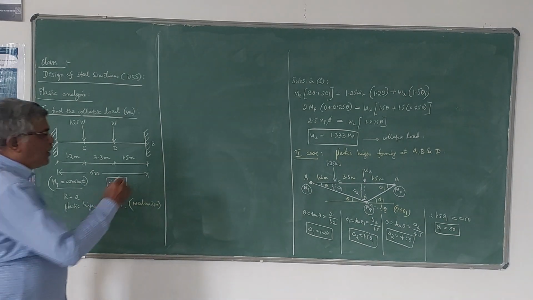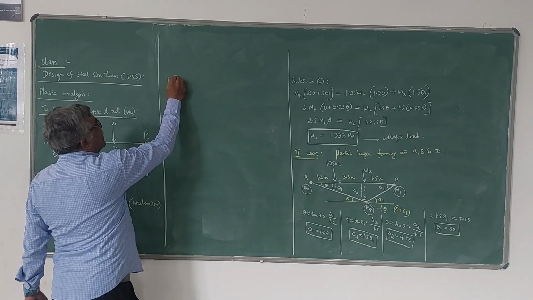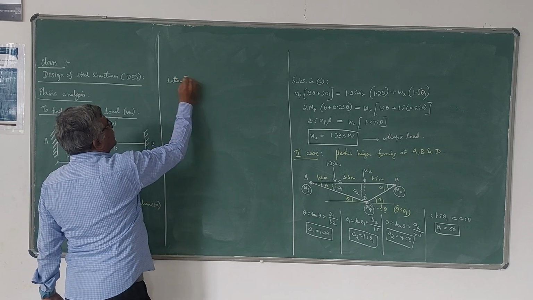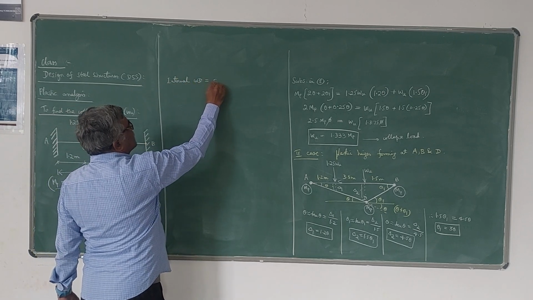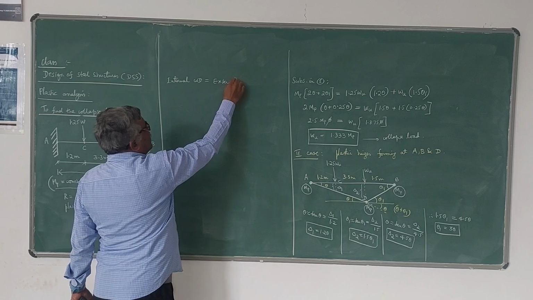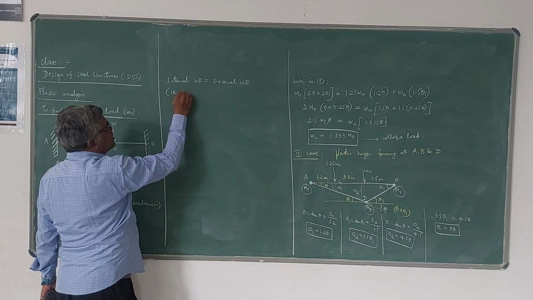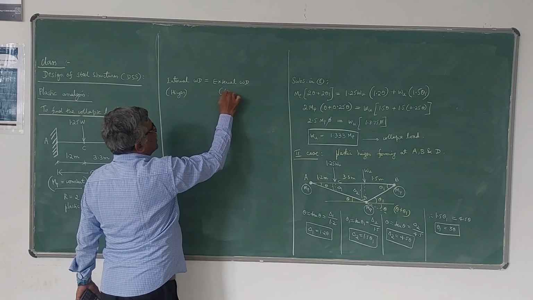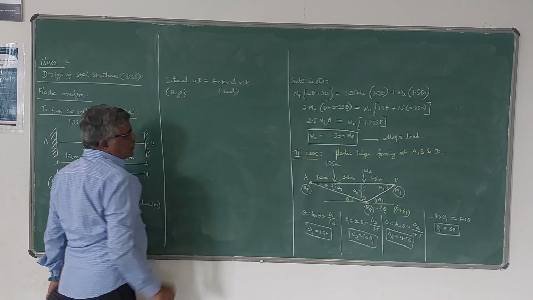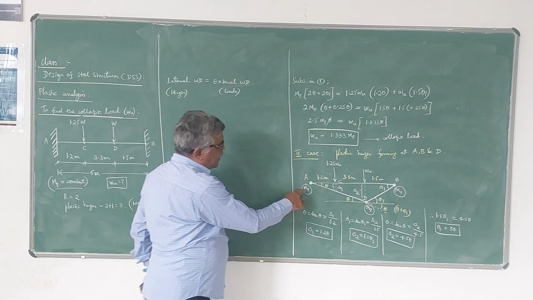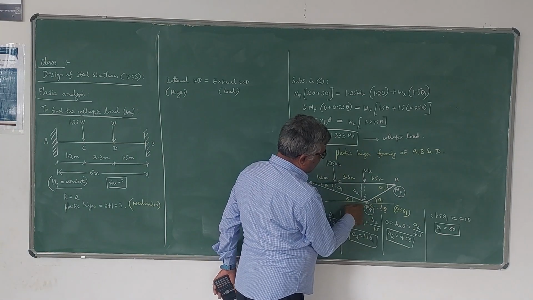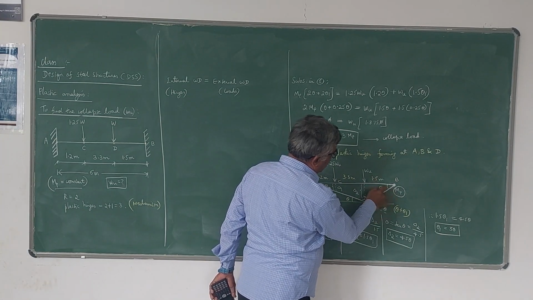So I will write here now, internal work done is equal to external work done. This is due to formation of plastic hinge, this is due to external loads. So internal work done: here MP into theta, here MP into theta plus theta 1, here MP into theta 1.